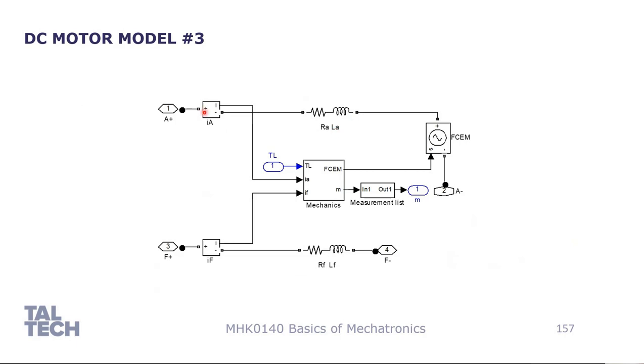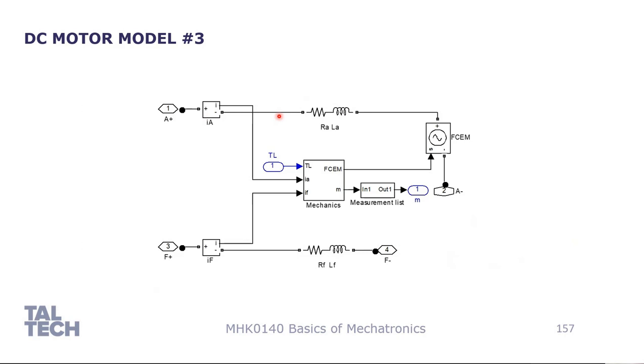We know that we need to feed one and another with a current. So this is the armature current, this is the field current, and these are the values, how we can get them. And if we know that our winding might be represented by active resistance and inductance, and we know the reaction of these two components, we can simplify and use the block.